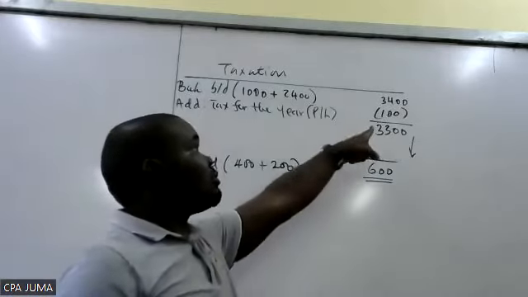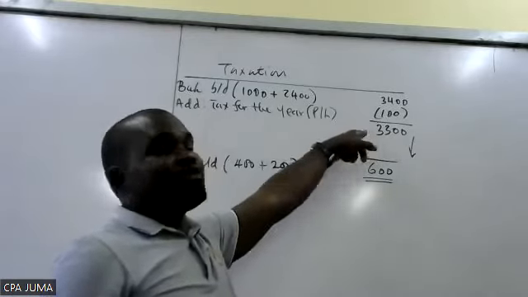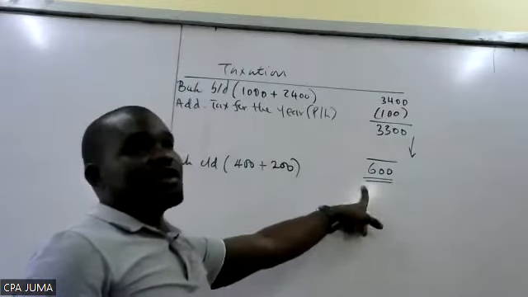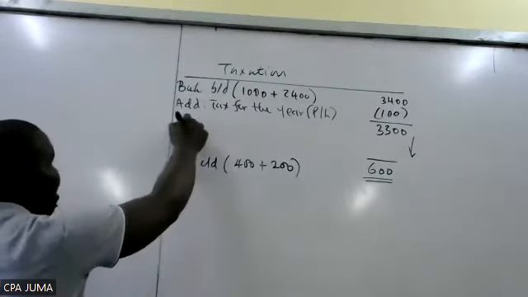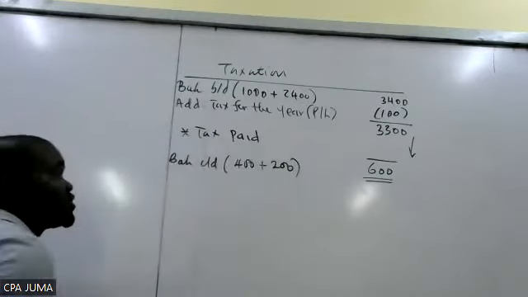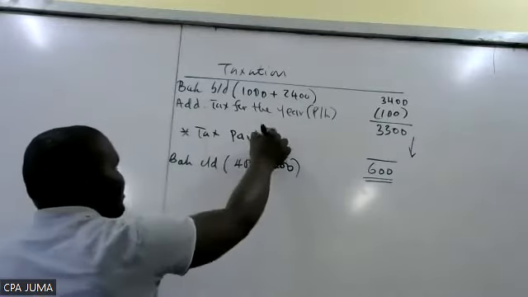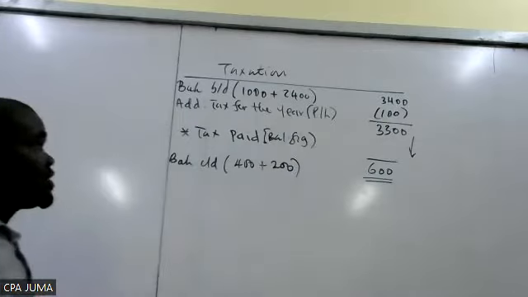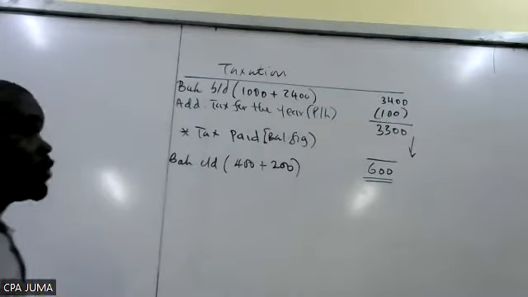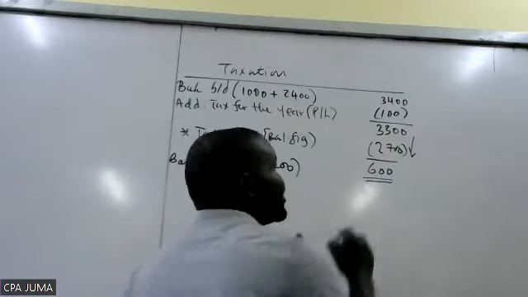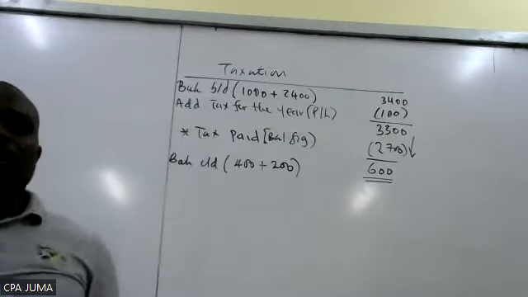The liability was supposed to be 33, but at the end of the year, we are being informed that it is 6. So the decrease in liability is the tax paid, the balancing figure. How much is that? 2,700. That is what we were not being given by the examiner.